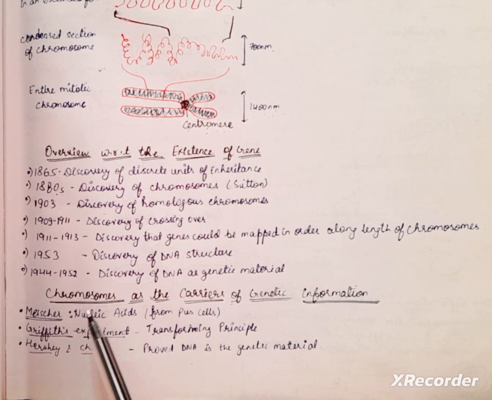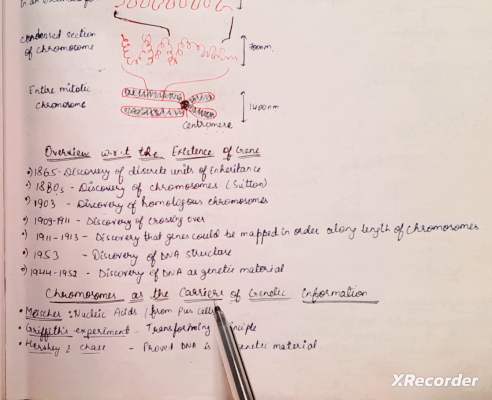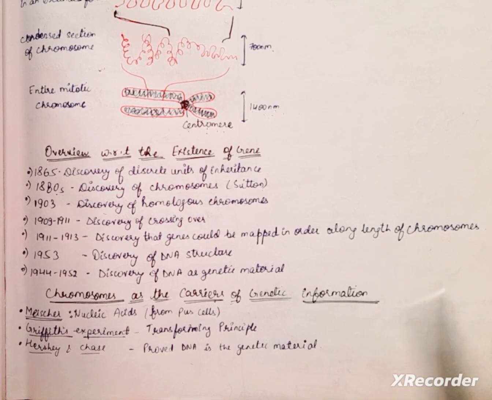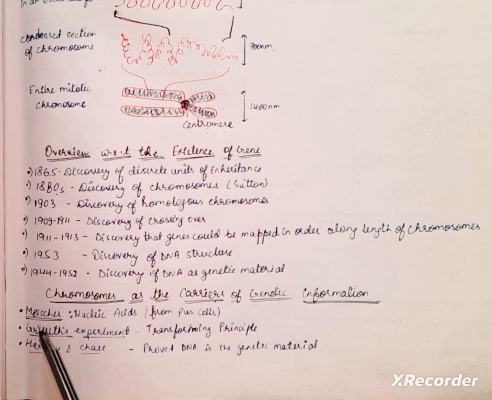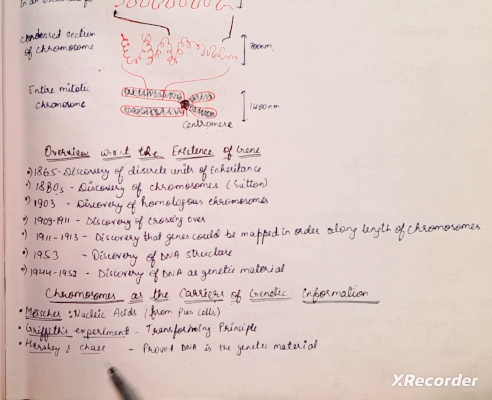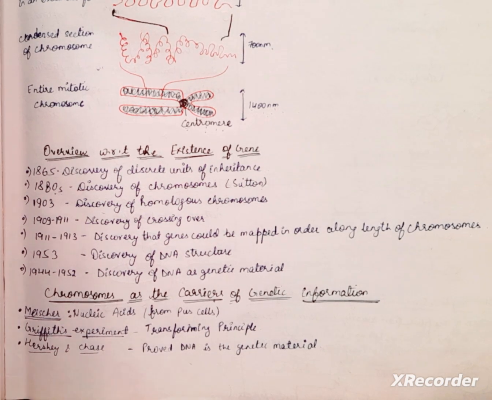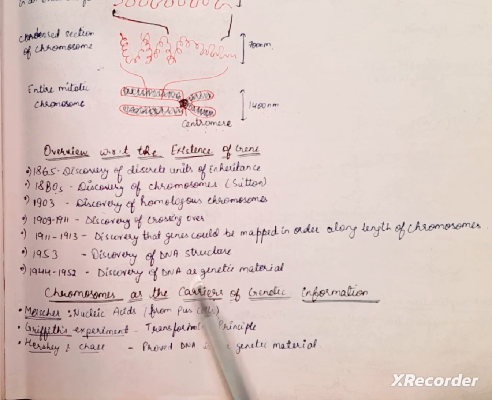Now let's discuss the chromosome as a carrier of genetic information. Miescher isolated nucleic acid from pus cells.